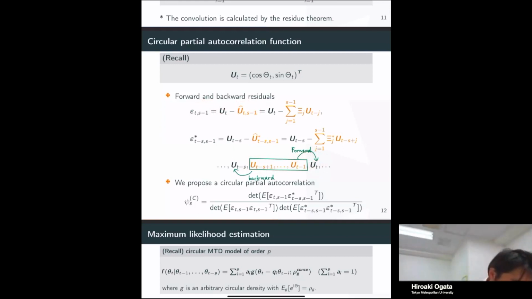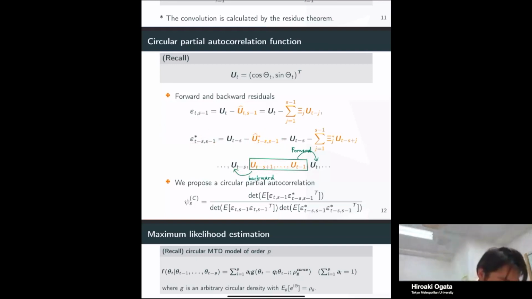And similarly, using the backward predictor, U-hat asterisk, and subtracting this object, we get the backward residuals. So looking at the correlation of these two objects, we get the circular partial autocorrelation.